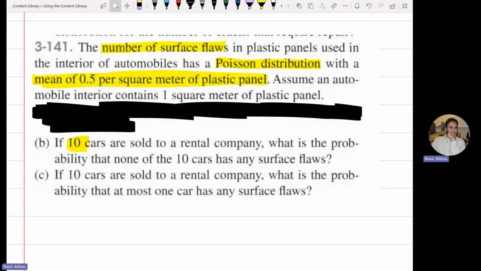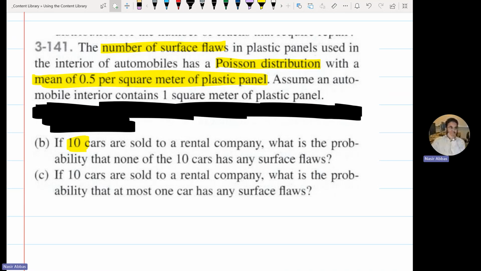I'm making copper wire, and the number of flaws per meter of the copper wire is, let's say, 0.5. And I ask you a question that I have selected 10 pieces of copper wire. What is the probability that all 10 of those contain no flaw, or 1 flaw, or 2 flaws, or any number of flaws?